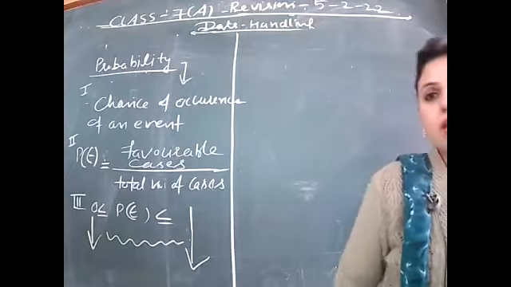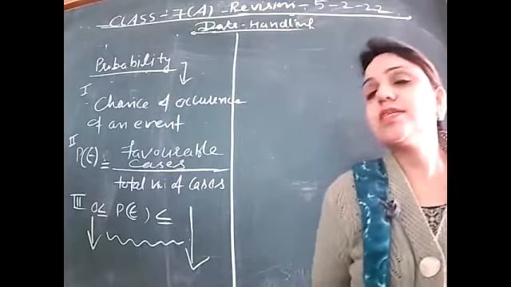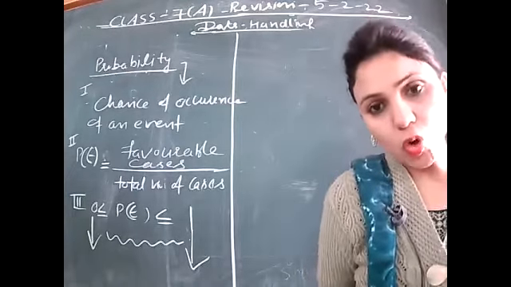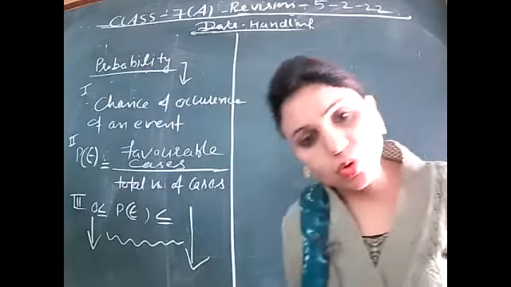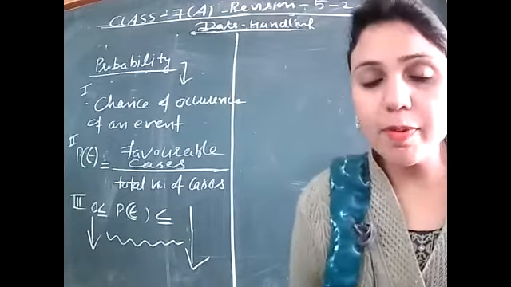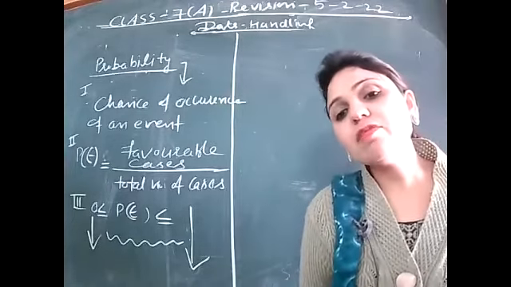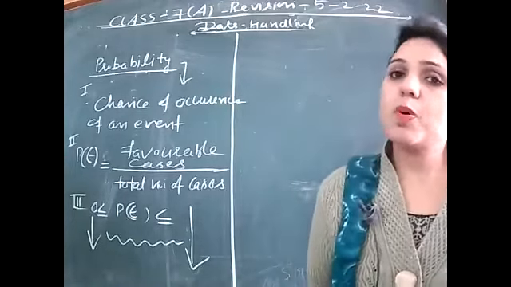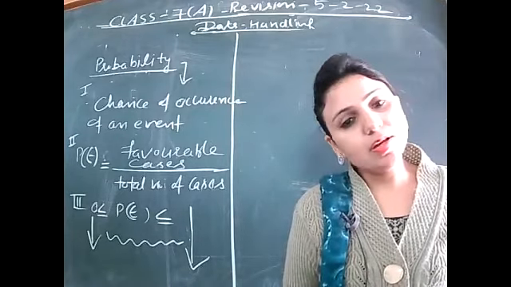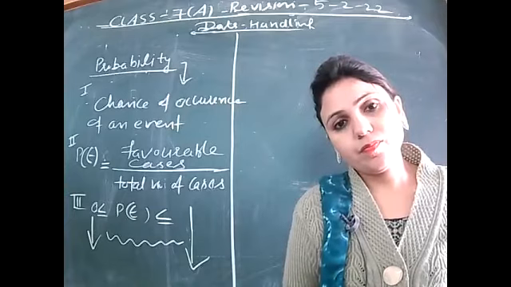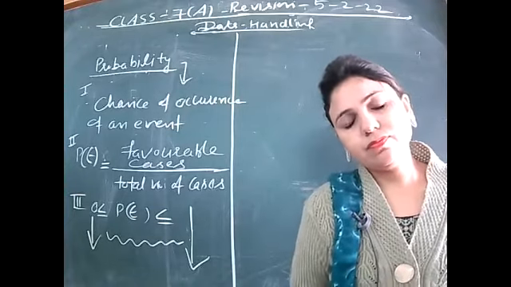If some child is saying that my probability question's answer is -5, he is totally wrong, because probability can't be negative, it cannot be less than 0. If some child is saying that the answer comes out to be 5, he is also very wrong, because probability cannot exceed 1. 1 से ज़्यादा probability नहीं हो सकती. Right?